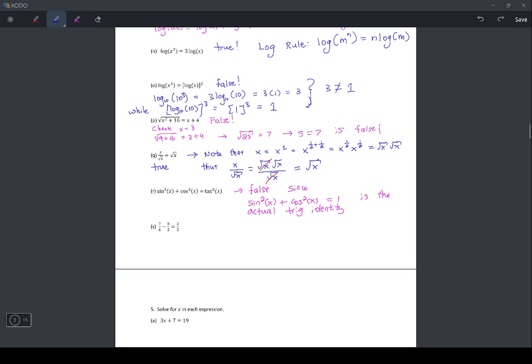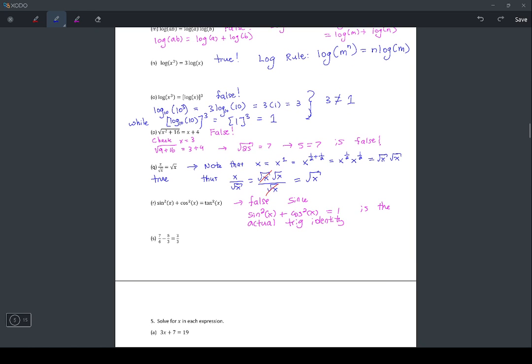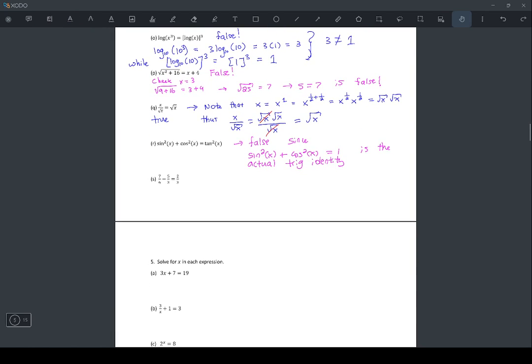Okay, and then the last one, true or false? 7 over 6 minus 5 over 3 is equal to 2 over 3. Can I just subtract top minus top, bottom minus bottom? This is false. You can't do that unless you make common denominators. 7 over 6 minus 5 over 3 is equal to 7 over 6 minus 5 times 2 over 3 times 2 to make the denominators match.